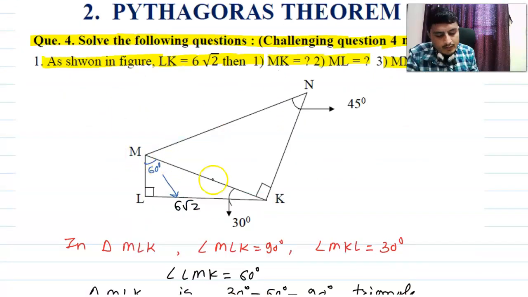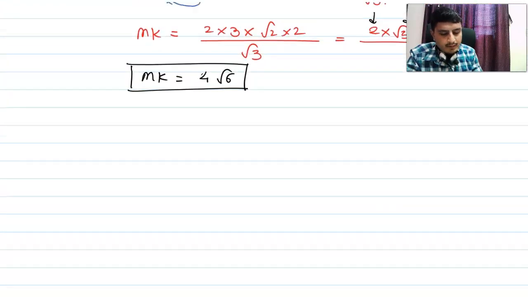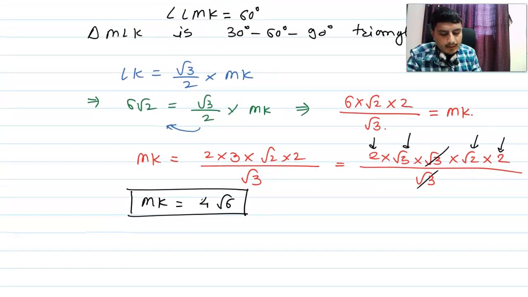So let's look at the figure now. We have MK value 4 times root 6. Now that we have MK, we have to evaluate ML. Look at ML, the side opposite the 30 degree angle in the same triangle MLK.